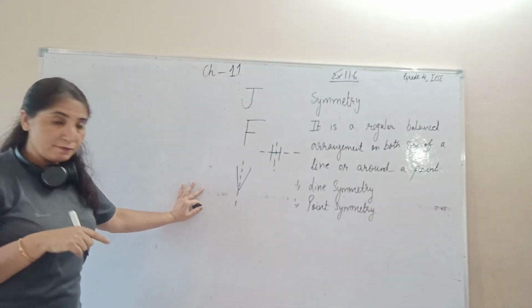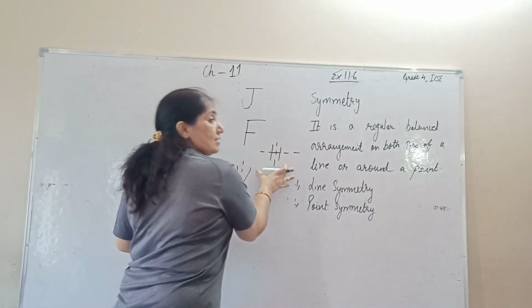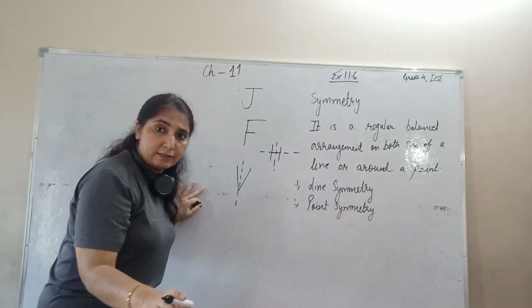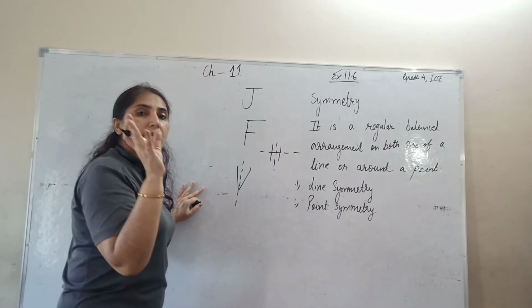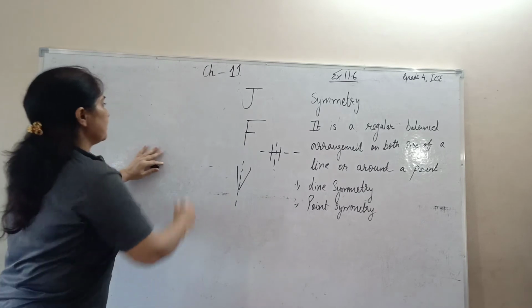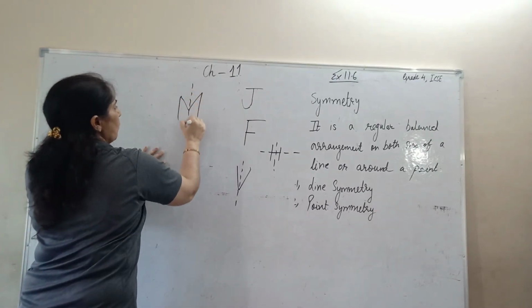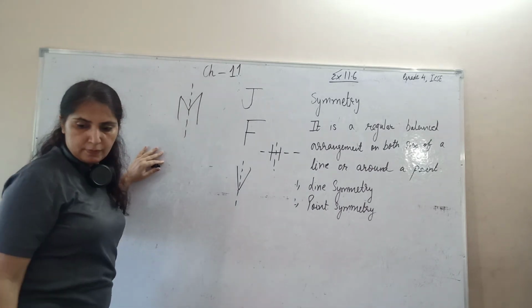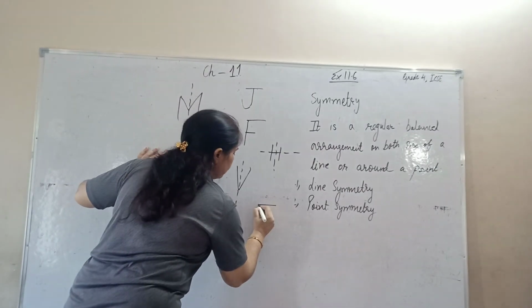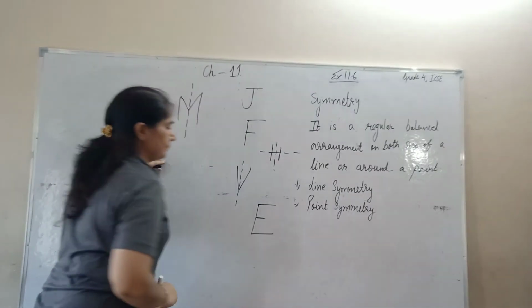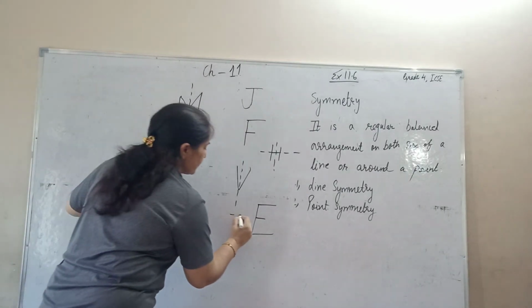So whenever you have to find line symmetry of any letter, you have to write capital letter. For example, letter N, one line of symmetry. Letter E, one line of symmetry.